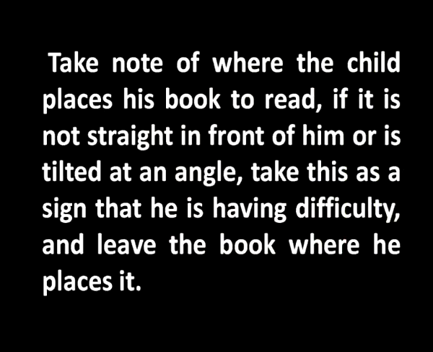Children are good strategizers. The very best visual processing strategies are those that the child chooses for himself. Take note of where the child places his book to read it. If it is not straight in front of him or is tilted at an angle, take this as a sign that he is having difficulty and leave the book where he places it.